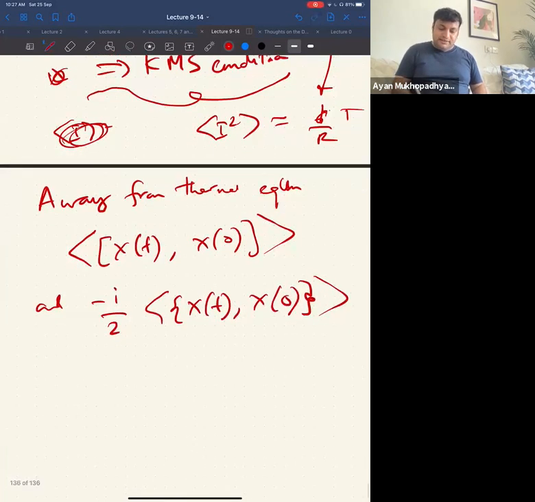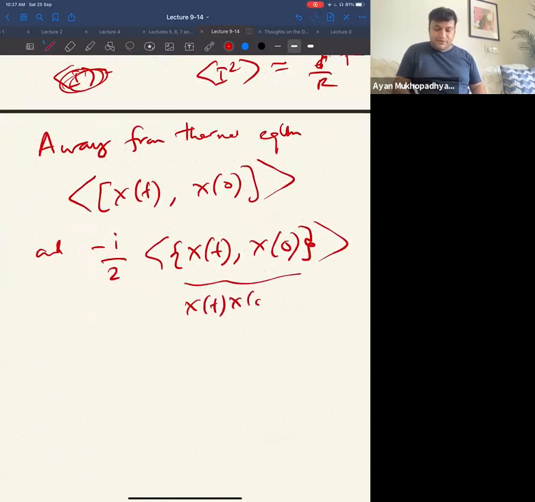So by this, I mean it is x(t) x(0) plus x(0) x(t). So this is something that you need to compute. But this is sort of trivial, right? Because if I know the difference and the sum, then I can write anything as a combination. The G greater can be written as a sum, and the G less is simply a difference. So it's obvious.